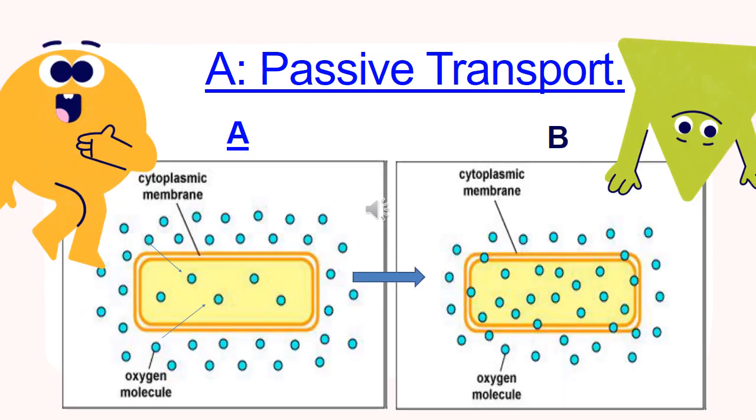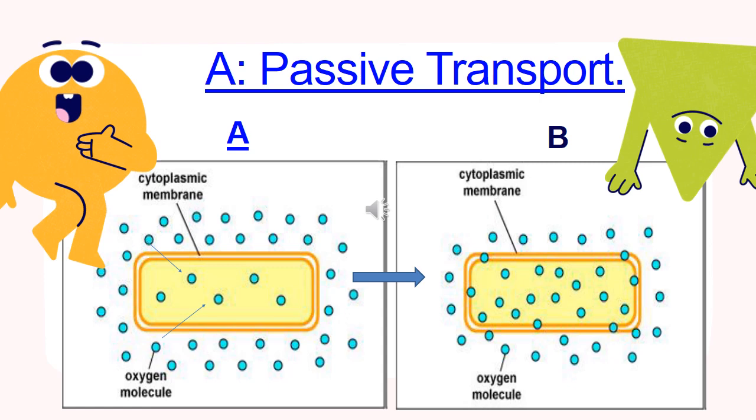For this figure, this is an example of passive transport. In A, as you can see, there is a net movement of gases, yung oxygen molecule natin, from an area of higher concentration to an area of lower concentration. The outside of the cell is considered to have higher concentration, into the lower concentration inside of our cell.